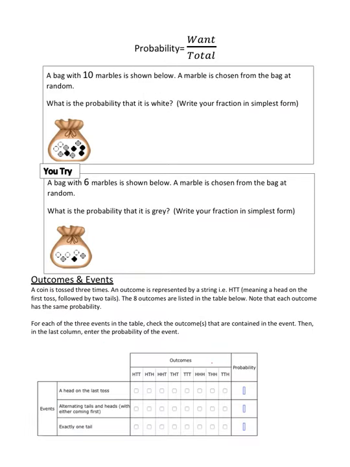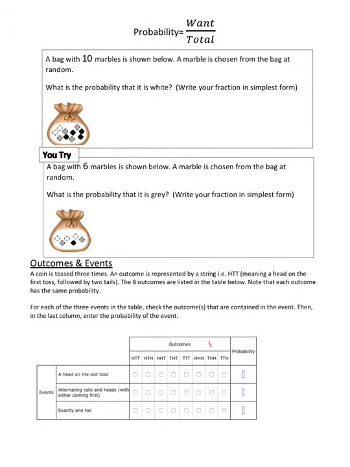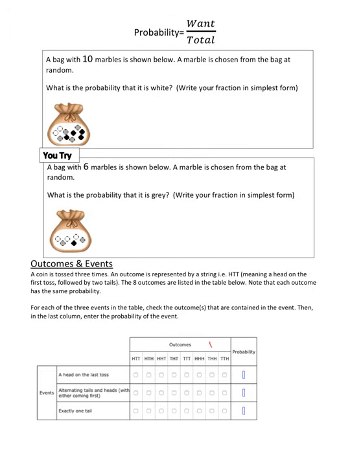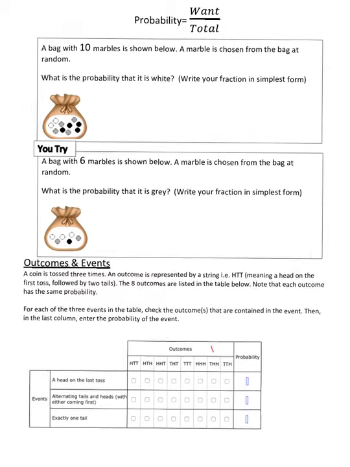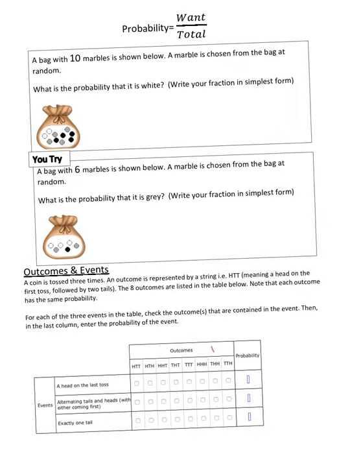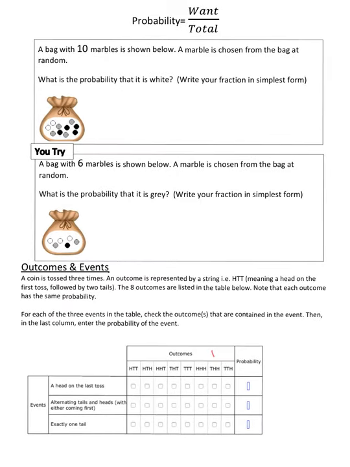All right, now we're going to talk about probability. Probability is what you want over the total possibles. What you want to choose out of how many possibilities there are. So what I want you to do when you're writing out probabilities is to write the total. How many marbles are in there?